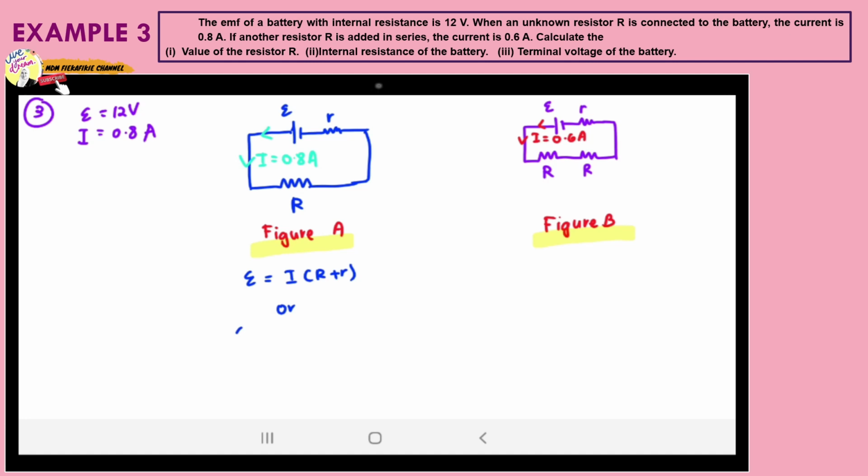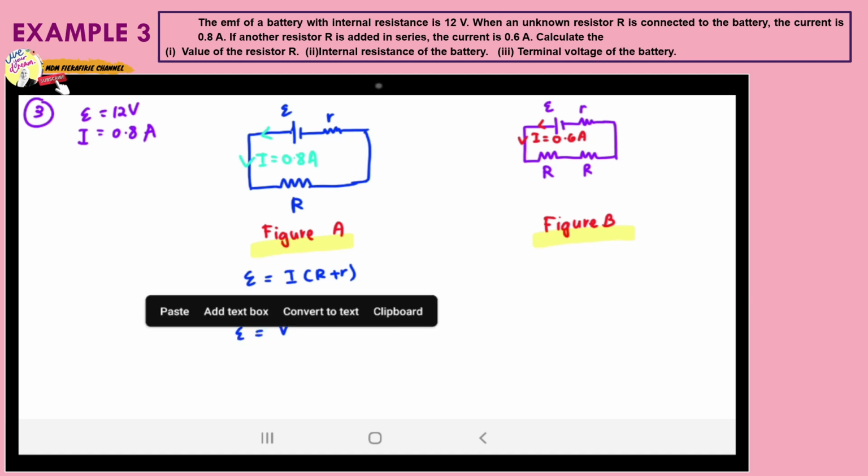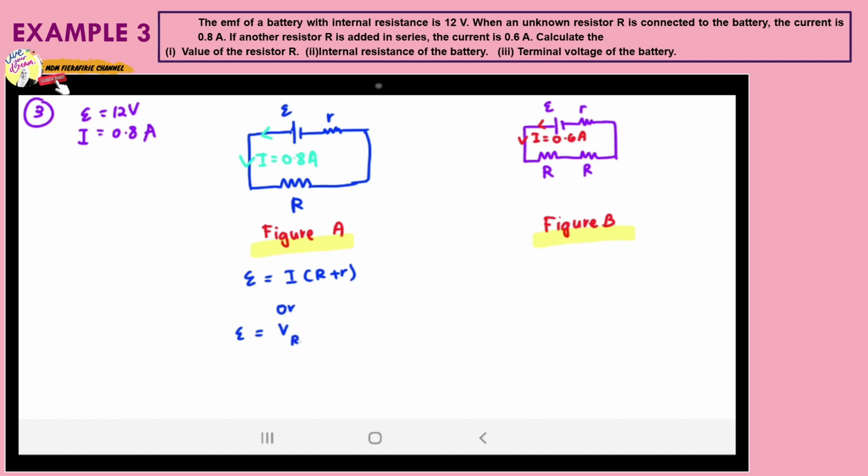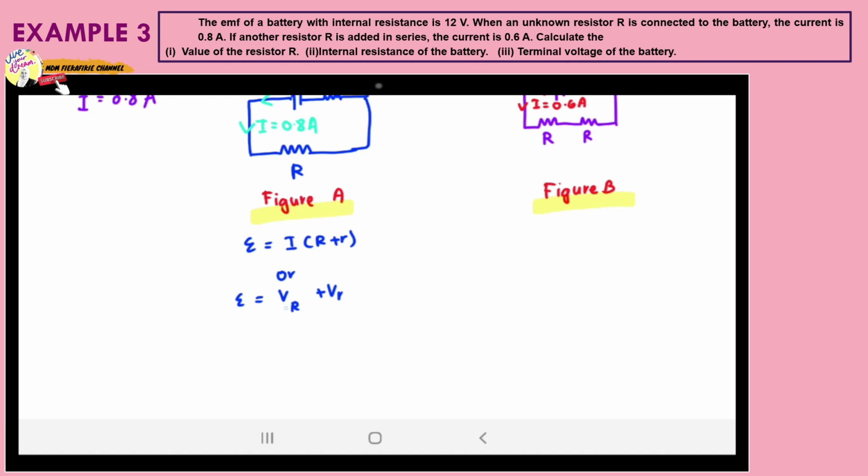Or you can write EMF is equal to V terminal, or V across R, plus V r. So from here we have EMF is equal to I R plus I r. We just simplify it like this.